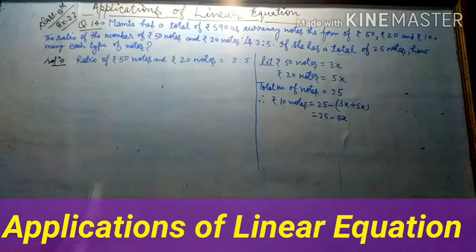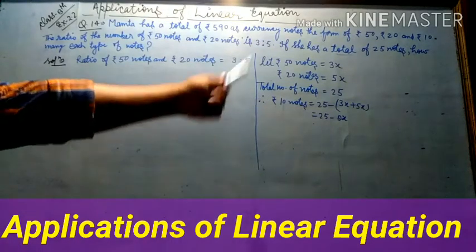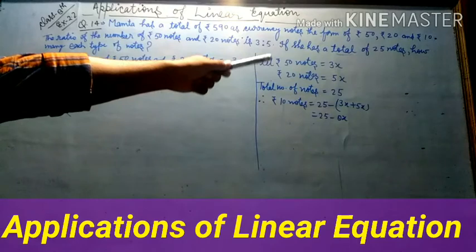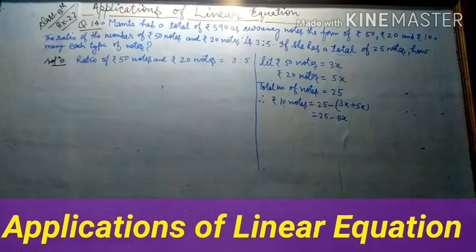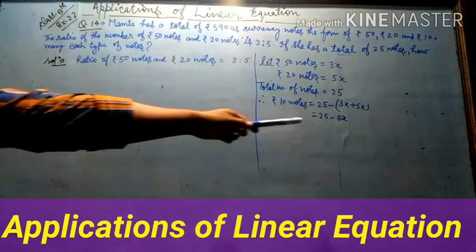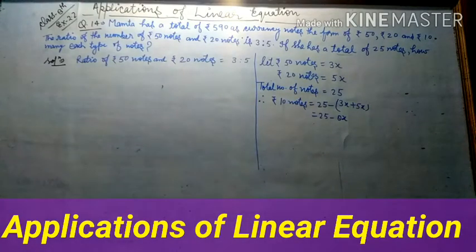Then how can we find out the rupees 10 notes? We will subtract from 25, because the total is 25 and 50 rupees notes are 3x and 20 rupees notes are 5x. So 3x plus 5x is 8x. Okay, so the number of 10 rupees notes is 25 minus 8x.